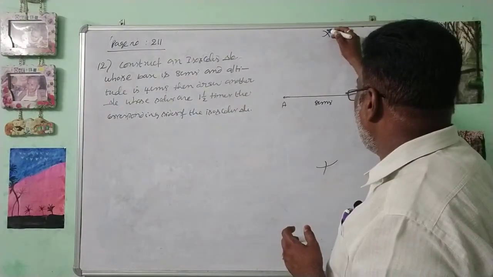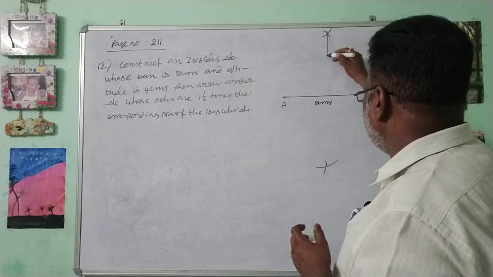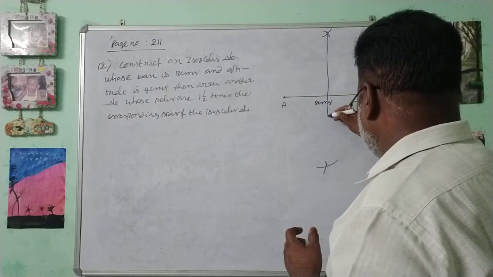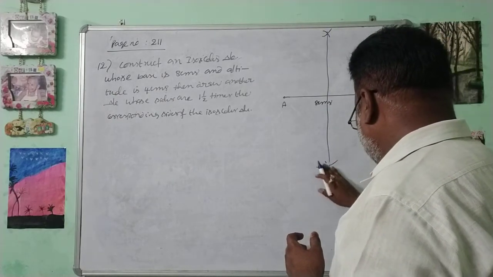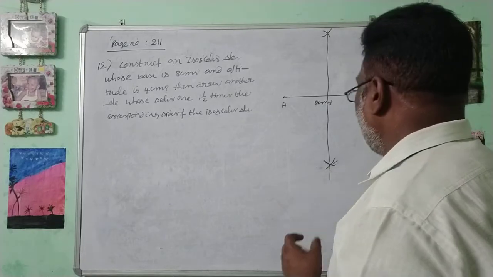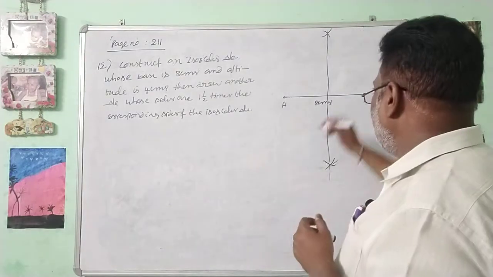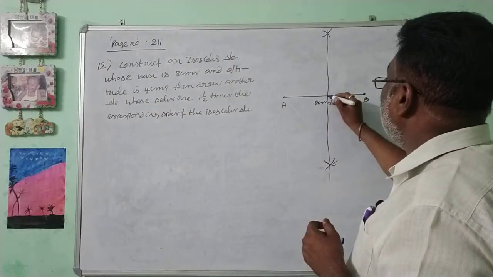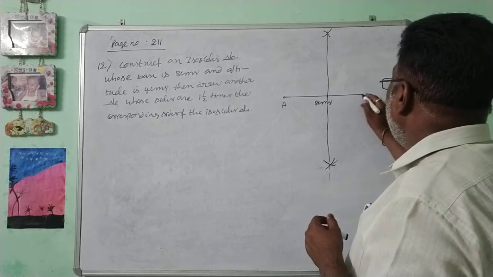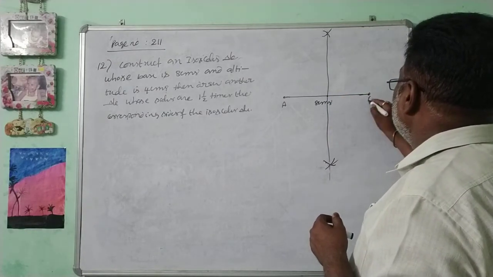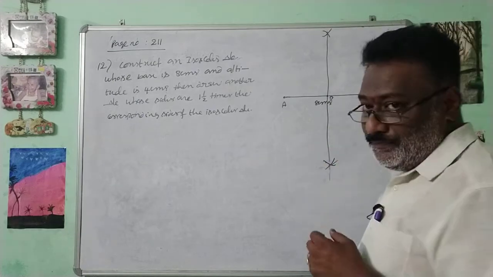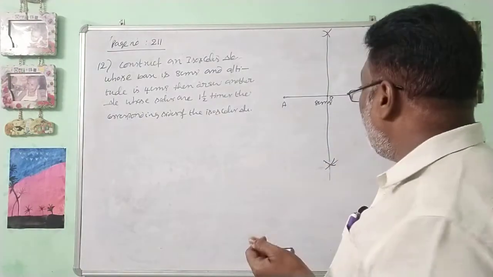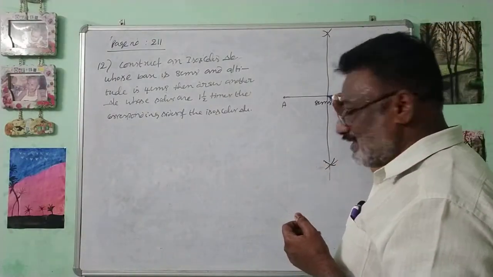Now we need to join these two points, and let the point where this perpendicular bisector meets AB be D.